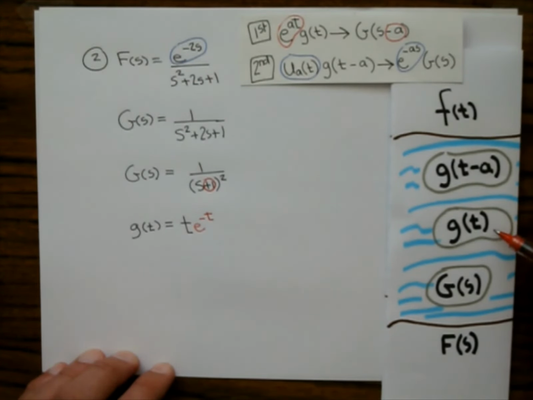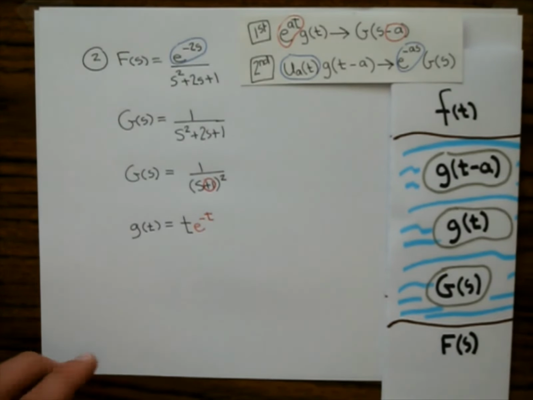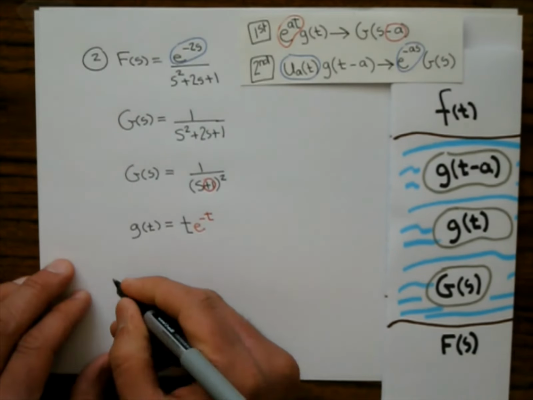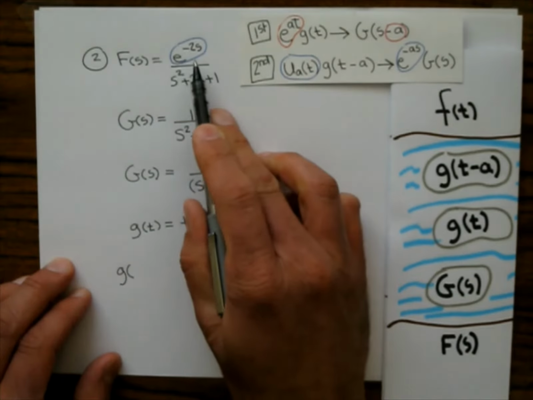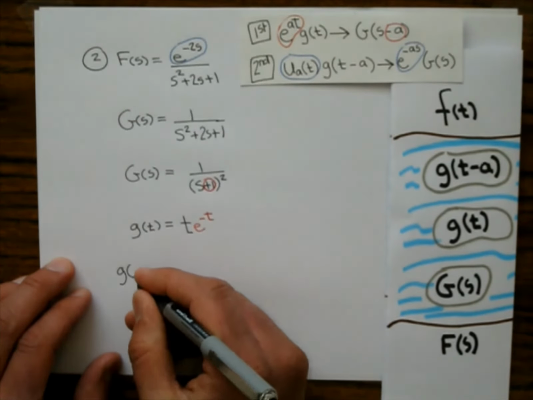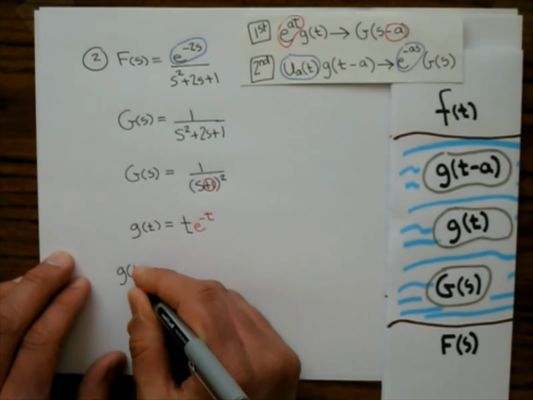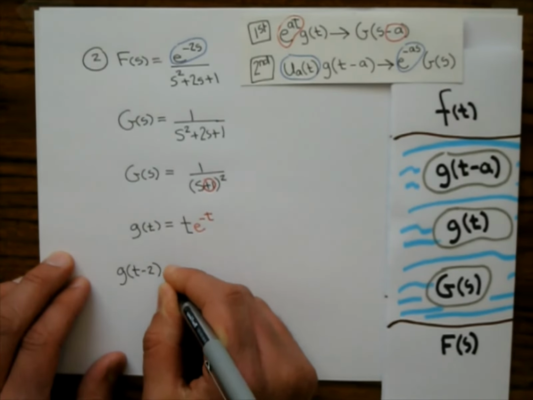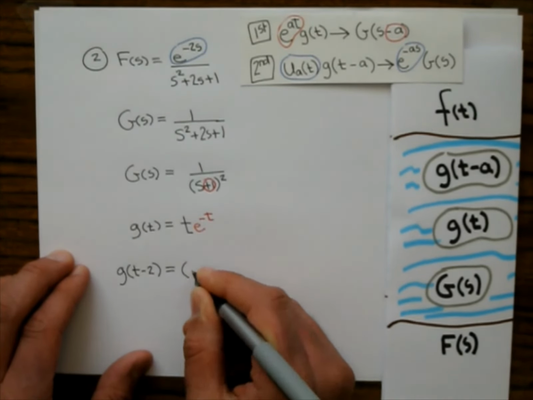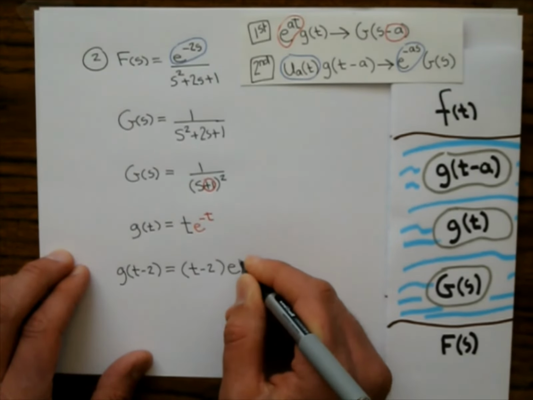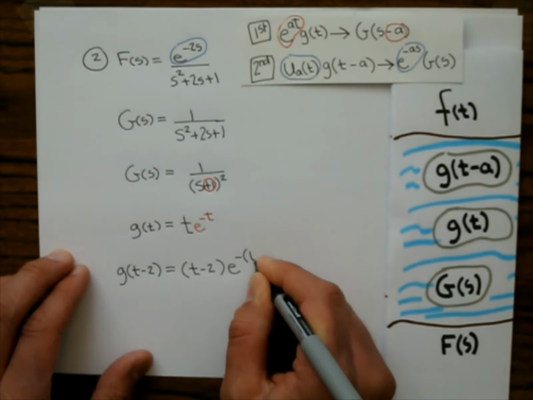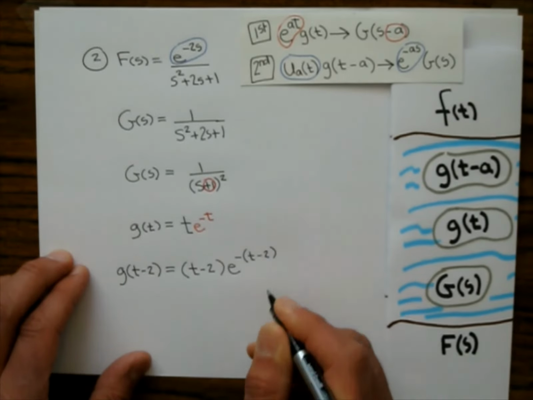I'm standing there and I'm ready to make the jump to the next stone. So here's the jump to the next stone. G of, let's see, my a here was 2, so this is going to be g of t minus 2 gives me t minus 2 e to the negative t minus 2 power.